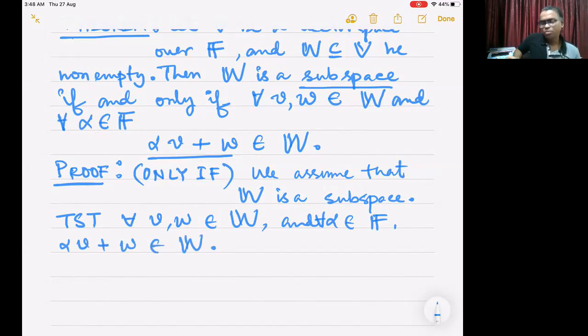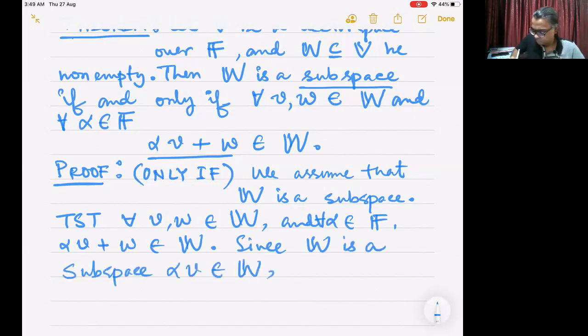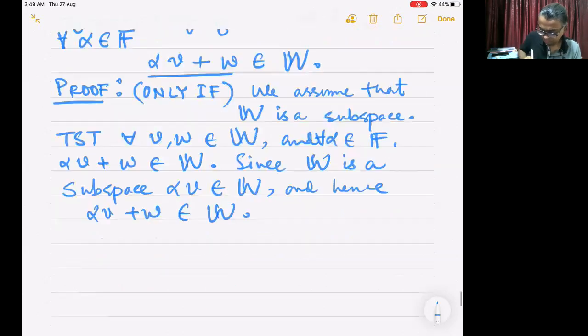If W is a subspace, then it's closed under addition and closed under scalar multiplication. So since W is a subspace, alpha V is in W, and hence alpha V plus W is in W. Because W is a subspace means it's a vector space, so it's closed under scalar multiplication and closed under addition, so it has to be true. So this is the only if part.